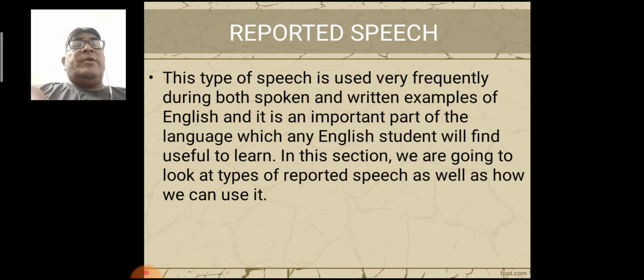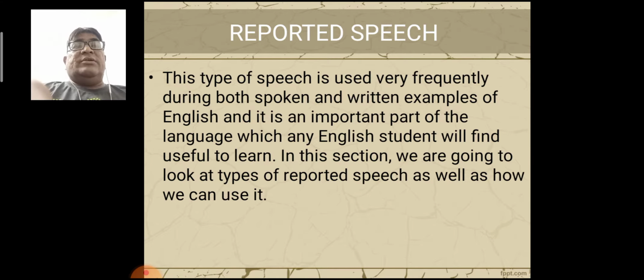In this type of reported speech, we use it very frequently during both spoken and written examples of English, and it is an important part of the language which any English student will find useful to learn.